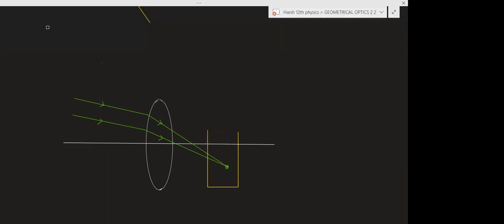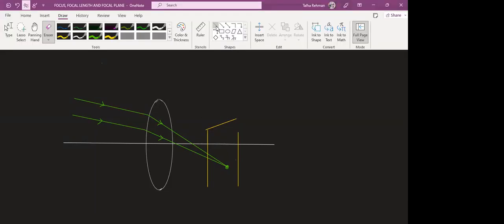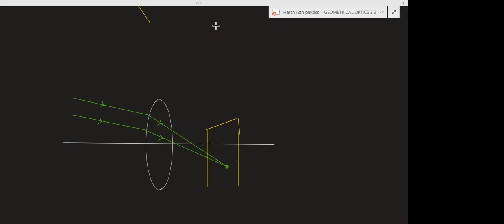So focal plane is a plane where, whenever parallel light rays meet at a common point, that common point is lying on the focal plane.